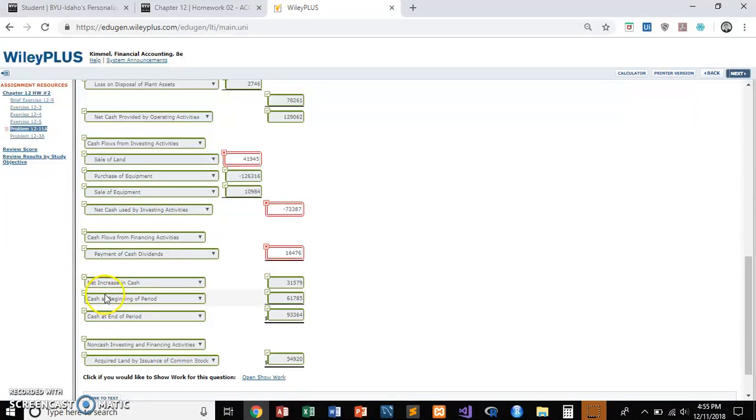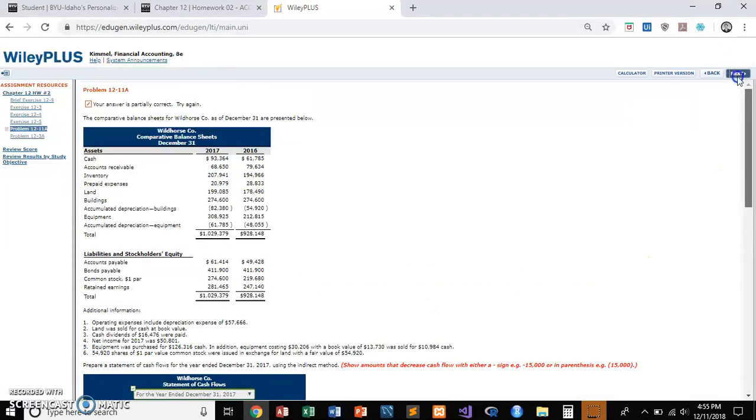But moving on. For these three right here, I started with cash at beginning of period and cash at end of period, and it made the net increase in cash a little easier to find. We're just going to look up here at the top, the cash account, and we can see this number is going to be the cash at the beginning of the period.